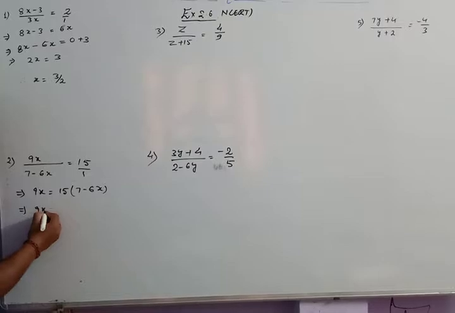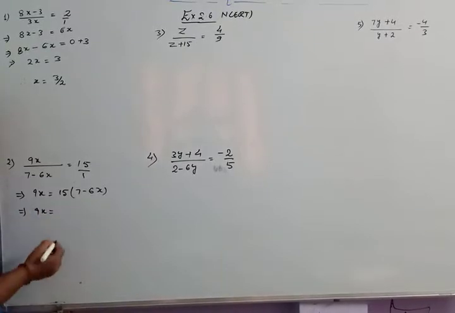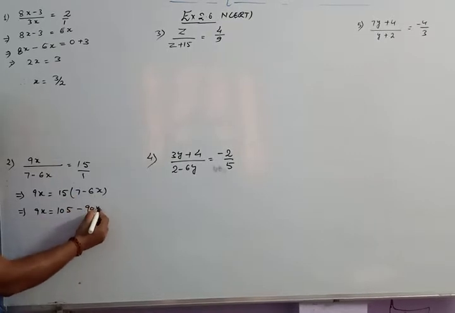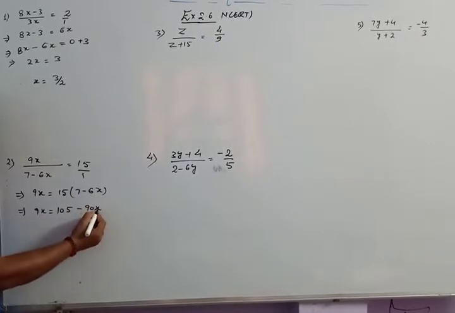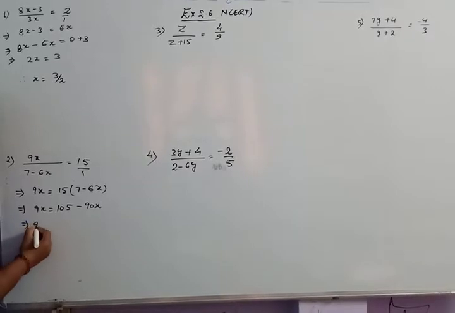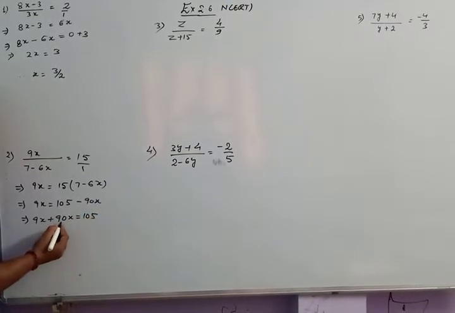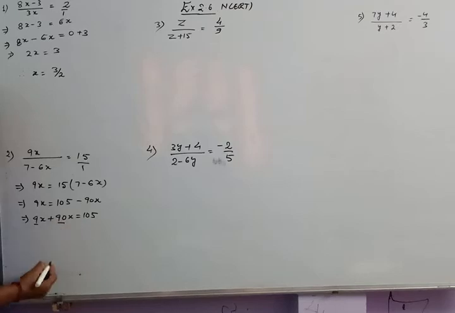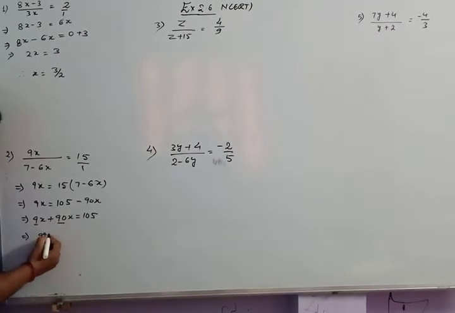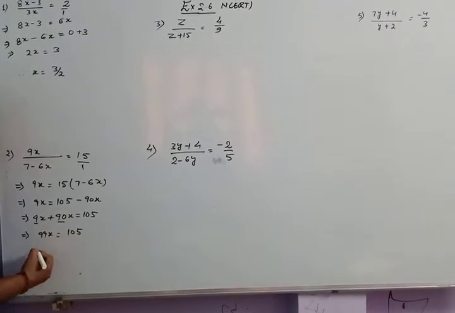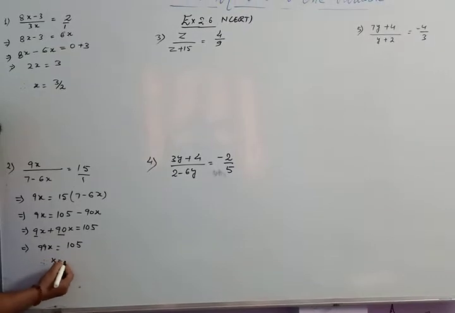Open the bracket. 15 6s are 90, 15 7s are 105, then 15 6s are 90x. 90 minus 90x will be transposed to this side, the left side, it becomes plus, and then 105. 90x plus 9x means this coefficient and this coefficient will be added together, it becomes 99x, and here will be 105.